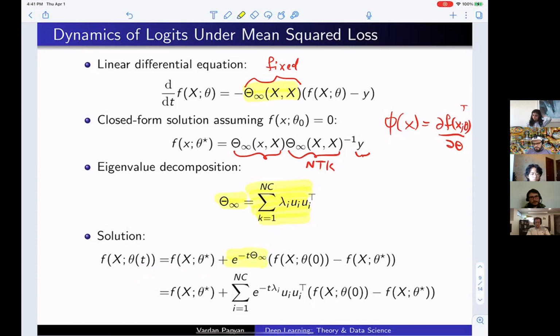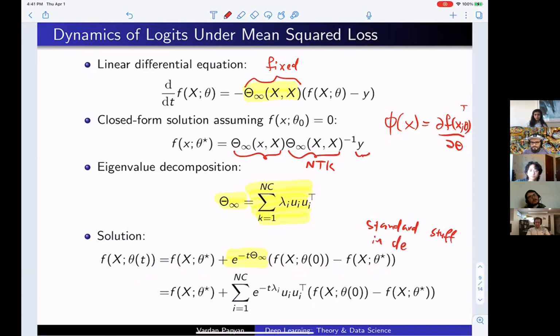Do you remember exponentials of matrices from your linear differential equation courses? And here we just have the residual. So this is just standard stuff in differential equations.